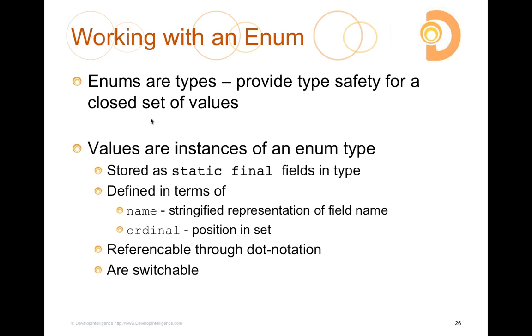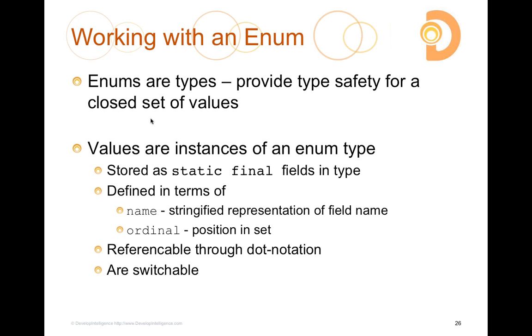But they are stored with a little bit more logic than in a straight-up interface. What I would also find is that there is a name associated with each enum instance and an ordinal value. I could use an ordinal value to find an enum instance in the set, but generally that's not good coding practice because the arrangement of the set could change.